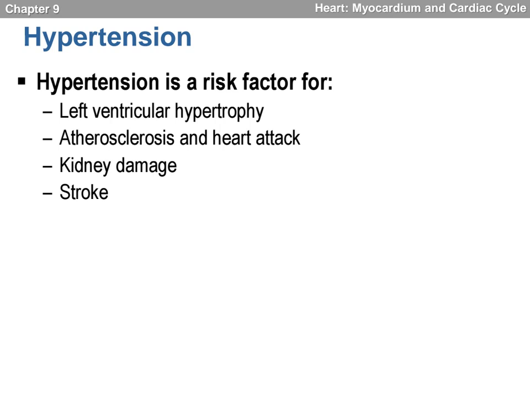So if you start to have an increase in blood pressure in the pulmonary circuit, then that can lead to the blood pressure acting on the pulmonary capillaries, and it would push fluid out into the interstitial space. And so this is called edema. You have swelling in the lungs.